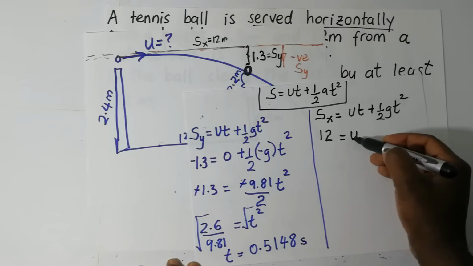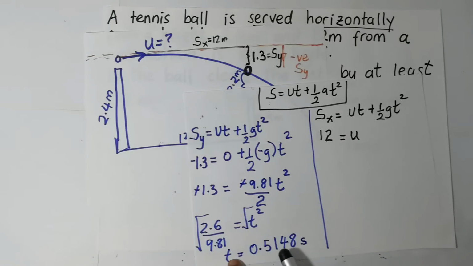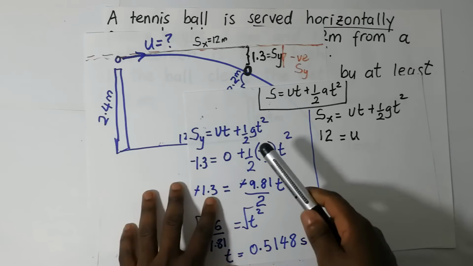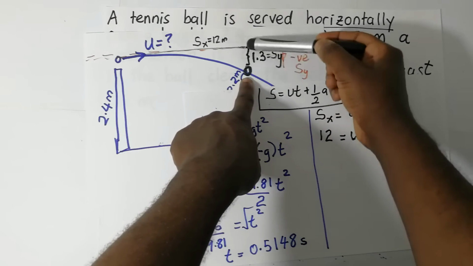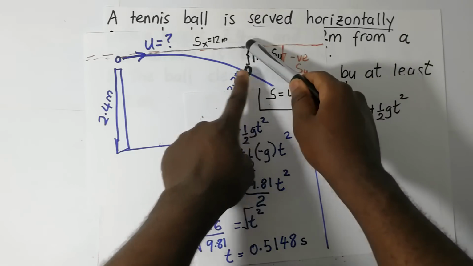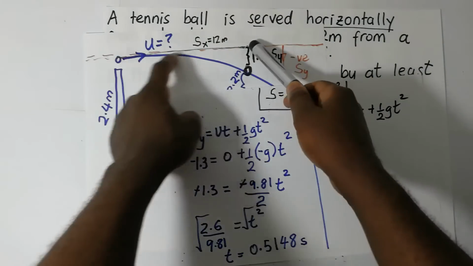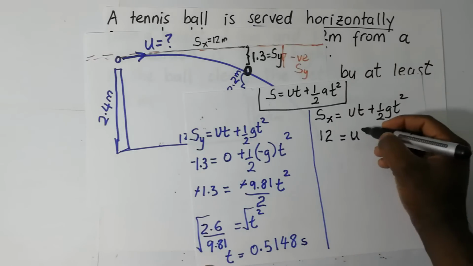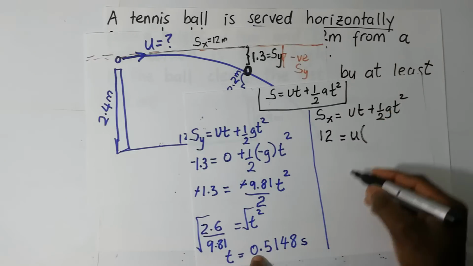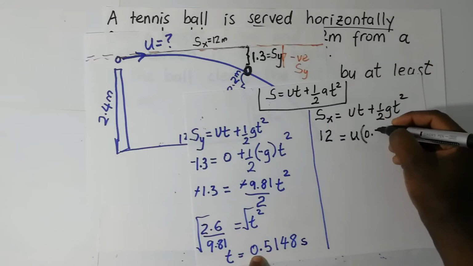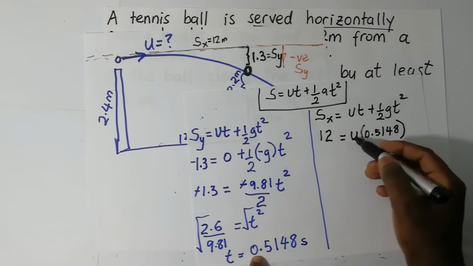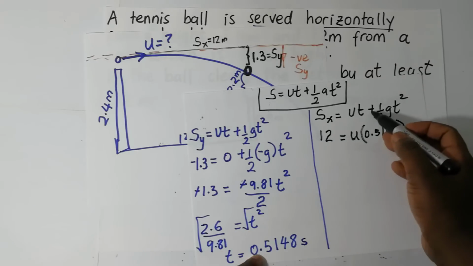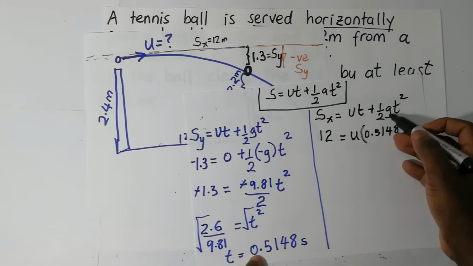Now the time we got applies because the same time that it took for this ball to come from there to there to have this vertical displacement is the same time that it took to make that horizontal displacement. So it is u times the value of t, which is 0.5148, then plus a half times g times t.